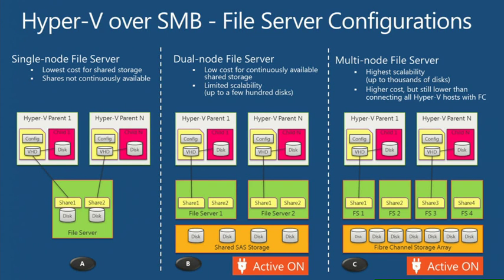Those are not cheap. And for every Hyper-V node, you also need to do what? This is not just connected to Fibre Channel. You have to connect also to Ethernet. If you're doing things right, you probably already have a 10 gig NIC, or maybe you have a few 1 gig NICs.